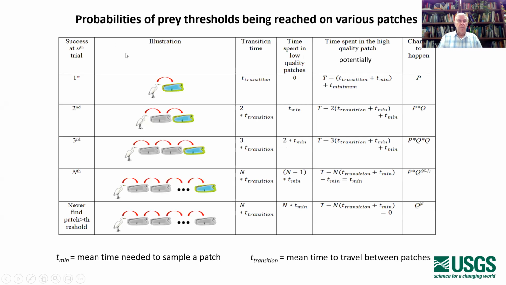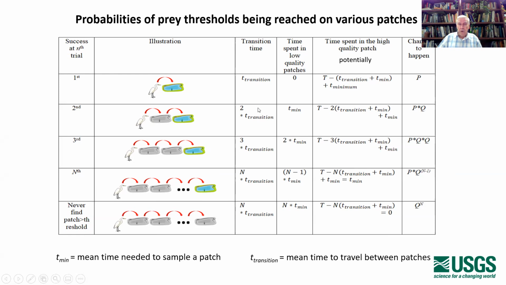So one could look at the probabilities of prey thresholds being reached after various numbers of patches are visited. We illustrate this by reaching the prey threshold on the first, second, third, or nth patch, or maybe it will never find it.